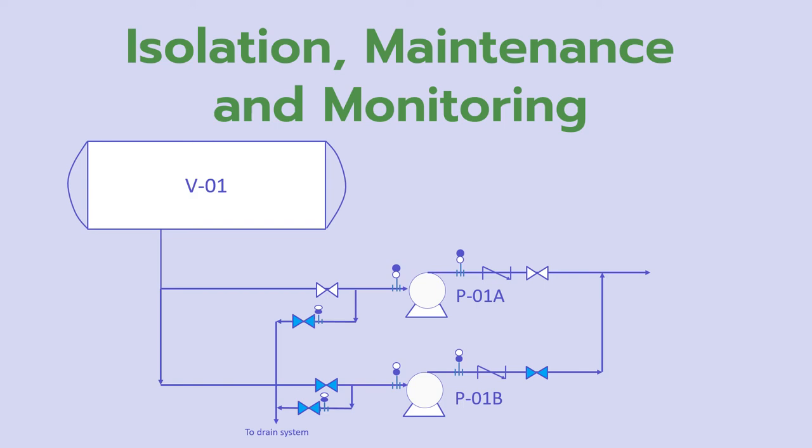These instruments may be accessible to read in the field only, or to be read from both the field and the DCS, depending on the criticality of the parameter, and the operator's need. Here in case of a pump, we usually add a pressure gauge at the pump suction, and on the pump discharge, which the operator shall depend on during starting the pump by building up the pressure at the discharge system.